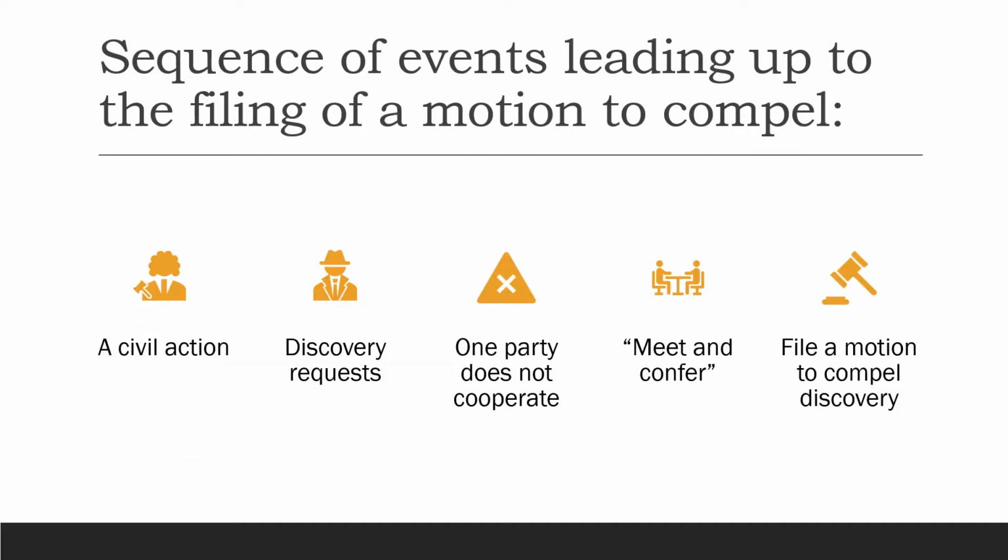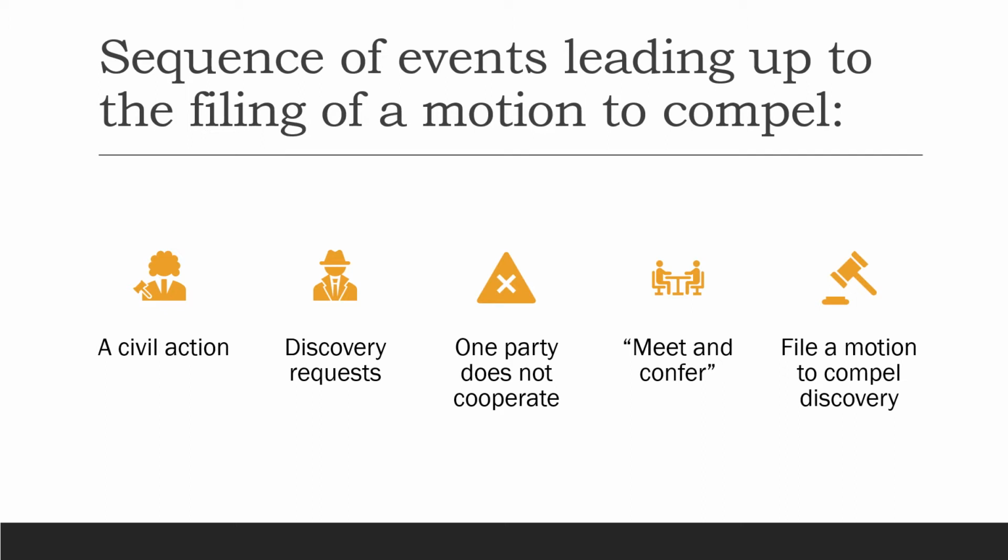So now that we understand why someone would want to compel, we can look at how you get to the point where you would need to compel somebody to do what they're supposed to do. A motion to compel asks the courts to enforce a request for information in a relevant case.